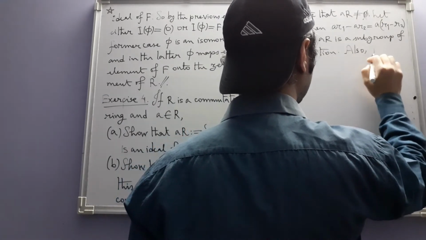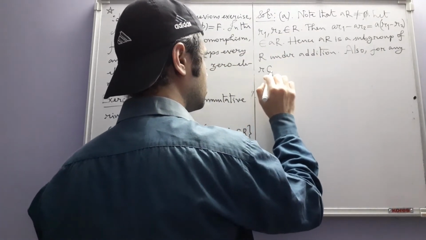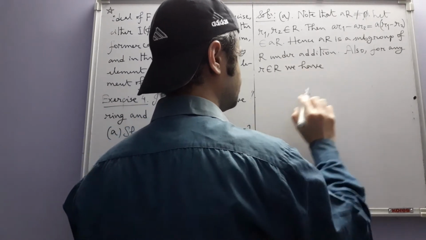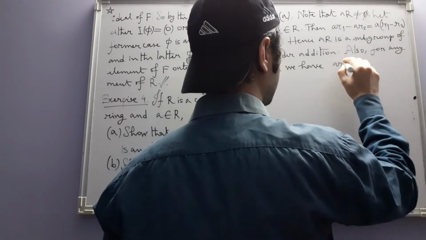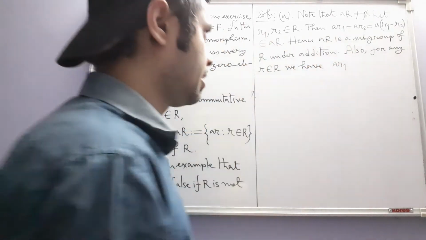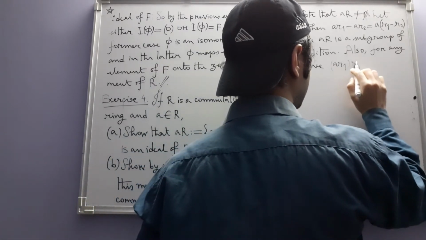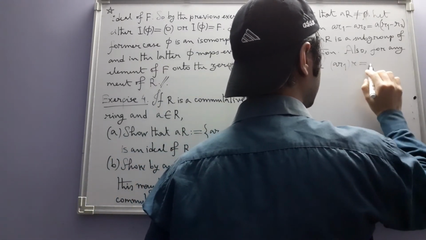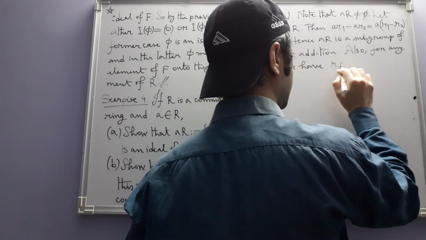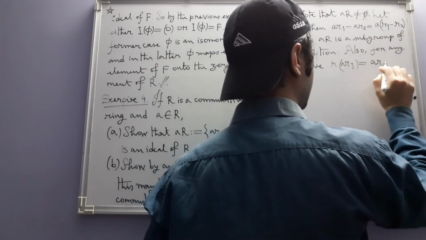Also, for any ring element R, we have AR1, since this is one element in AR we have already considered, so we are keeping that like that. And we are taking a ring element R. This is equal to, or I should have written the other way, R AR1. This is equal to AR1R.